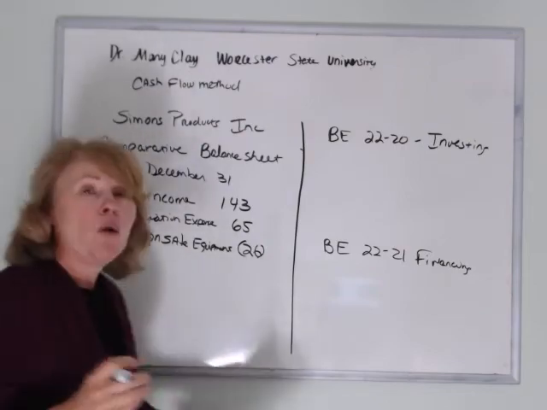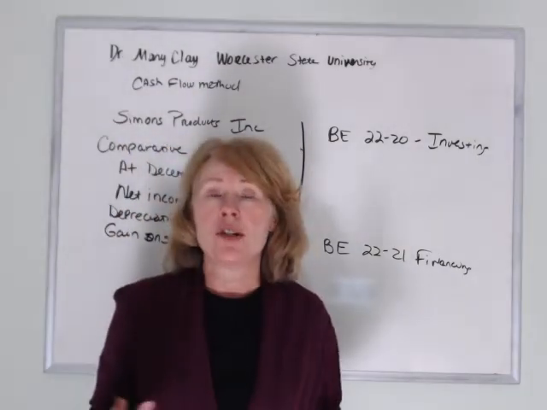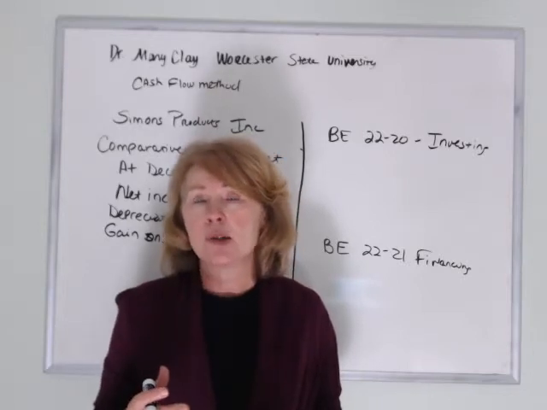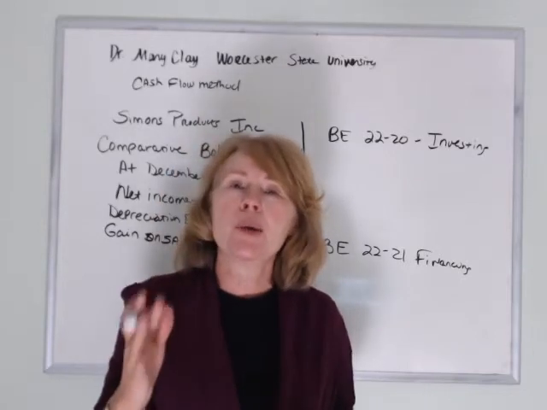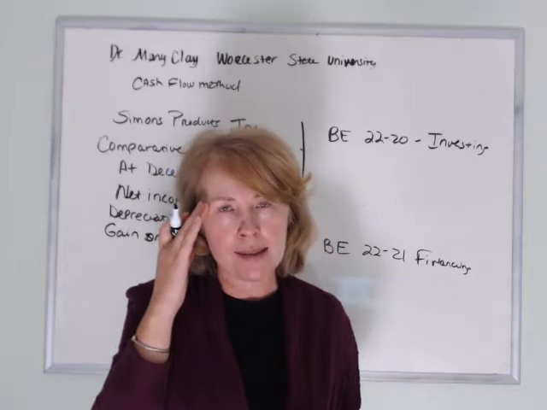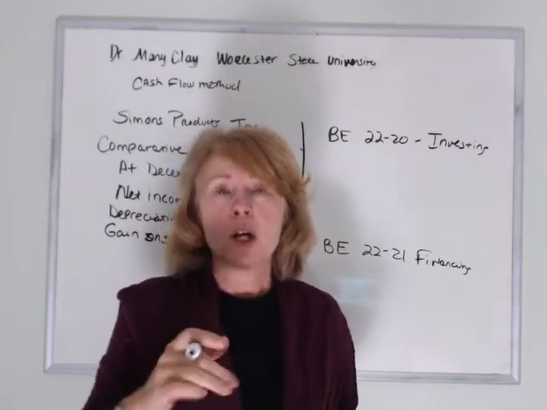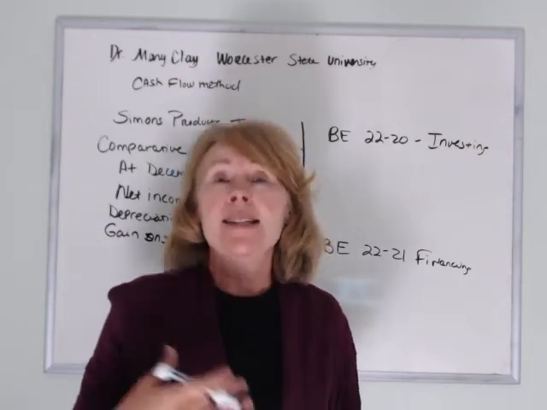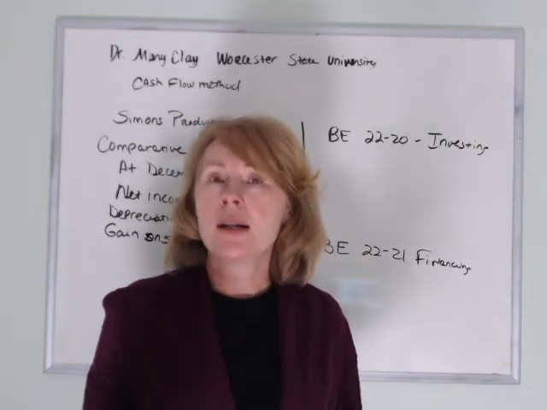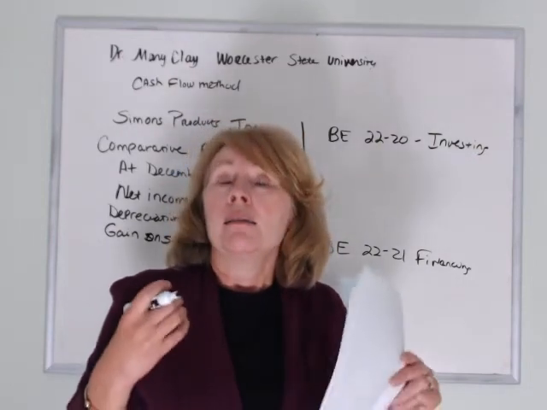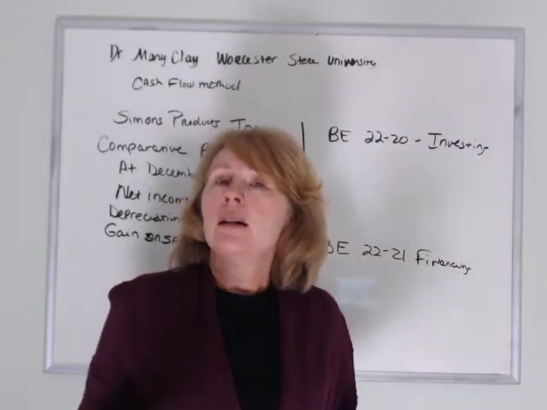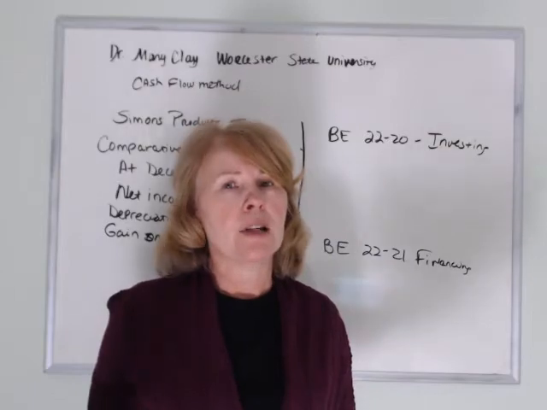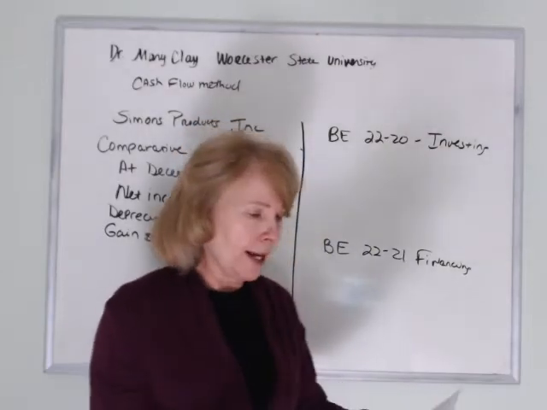All right, now I'm going to work on the changes that we went through in the beginning of the video. So we did the increase in accounts receivable. Remember, increases in current assets do not make sense for the indirect method. So if they increase, I'm going to show them negative. If they decrease, I will show them positive. Current liabilities make sense. If they increase, I will show them positive. If they decrease, I will show them negative.